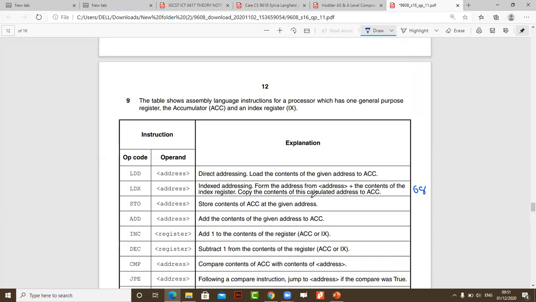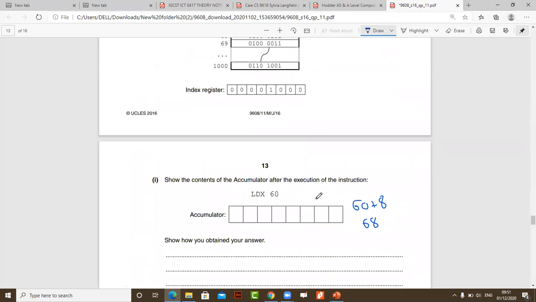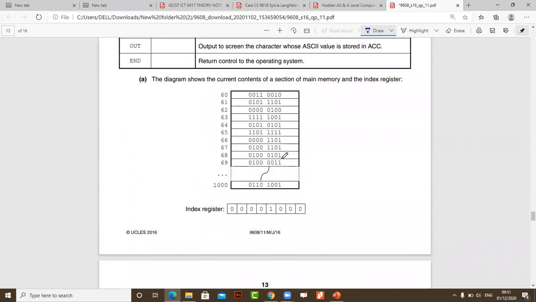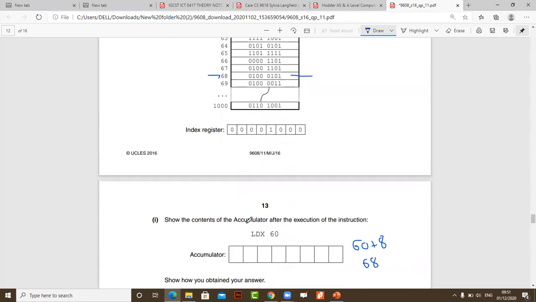So copy the content of this calculated address. So what we'll do is, 68, this is the content of 68. So this calculated को हम store कर देंगे इधर, which will basically be 0 1 0 1 0 0 0 1 0 1, right?